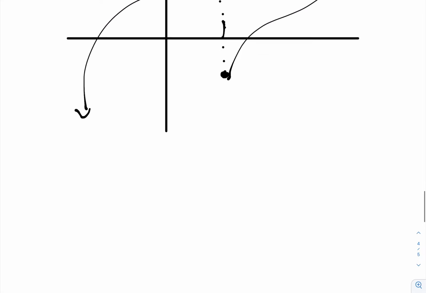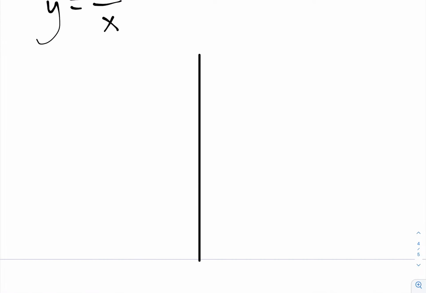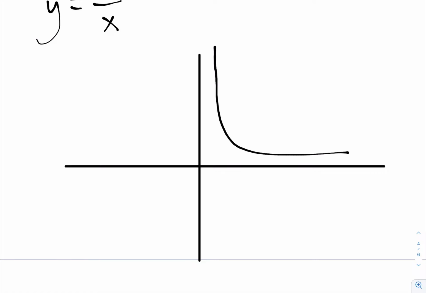There's also a different type of discontinuity called an infinite discontinuity. A popular one is y equals 1 over x. There's a vertical asymptote, some of you might remember, when x equals 0. If we were to graph this, it's that funky looking graph where we knew there was an asymptote at x equals 0, and it's going to look like this.